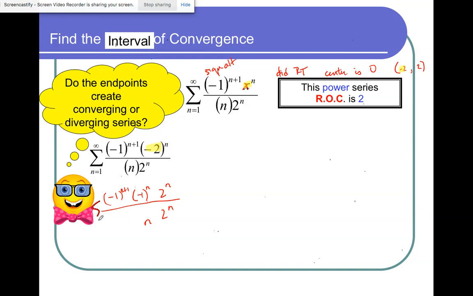So this is really, what is -1 to the n plus 1 times -1 to the n? This is odd, which means all of my terms are negative, right? This is not a sign alternator anymore. These are going to cancel out, and that's 1 over n.